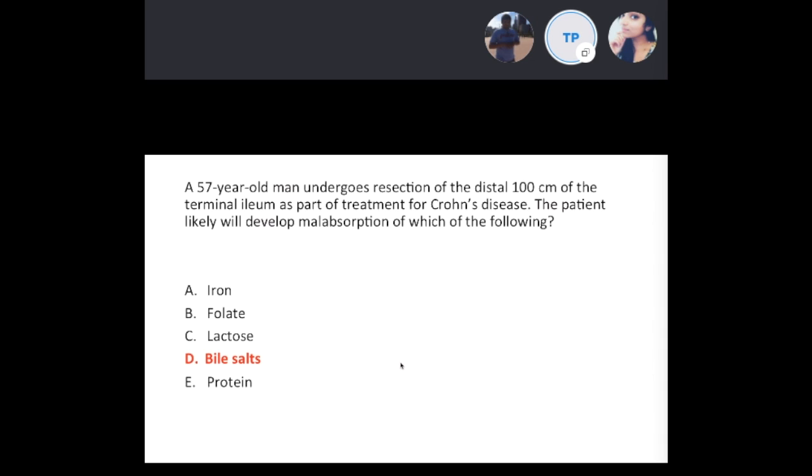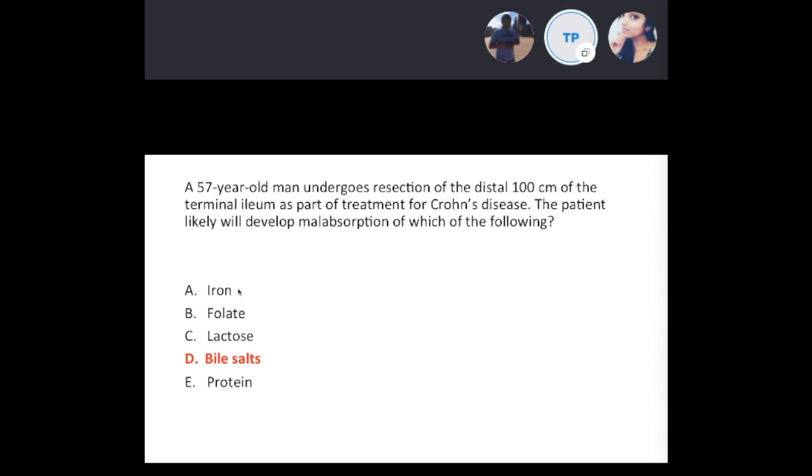Are there any questions? We can go over, so iron is absorbed where? Duodenum. Yeah, iron is absorbed in the duodenum. Folate is absorbed in. Lactose is going to be at your microvilli.